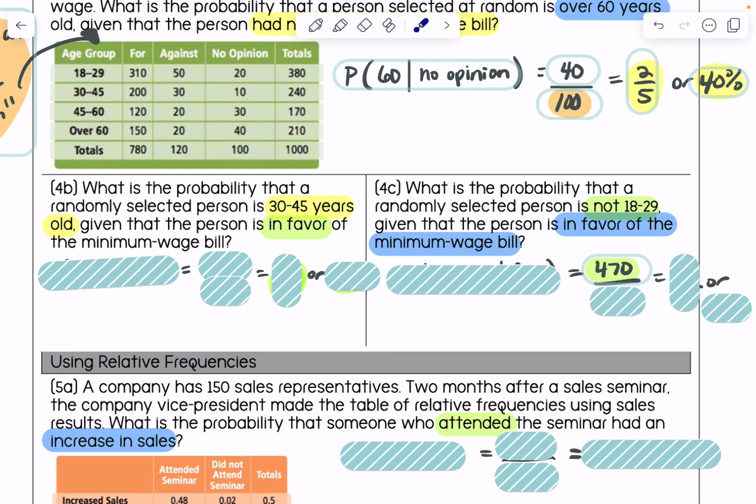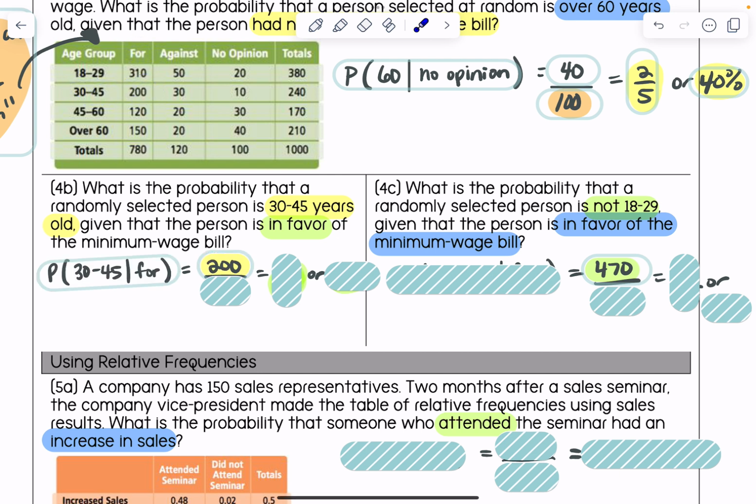Please feel free to pause and try 4B and 4C on your own. 4B, what is the probability that a randomly selected person is 30 to 45 years old, given that the person is in favor of the minimum wage bill? So two conditions: 30 to 45, in favor. For is another word or synonym for in favor. So we've got 200.